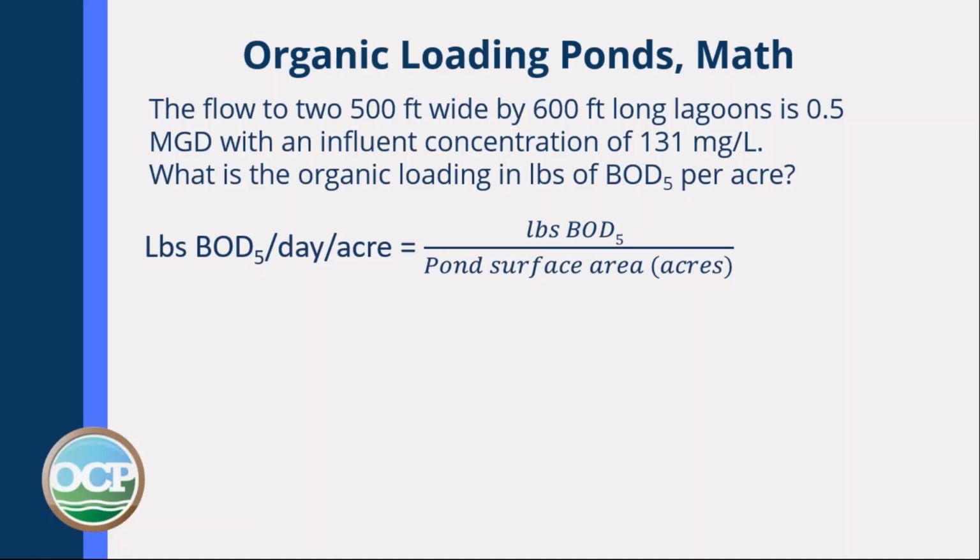These formulas can be found on the bottom of the formula sheet. It'll say formulas for ponds and lagoons. Pounds of BOD per day per acre equals pounds of BOD divided by pond surface area in acres. We'll work this one out.